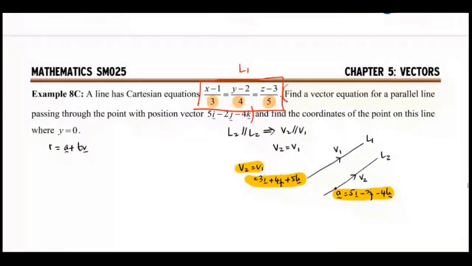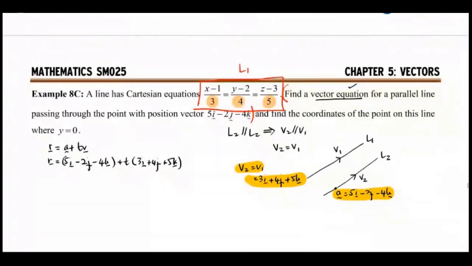So r is 5i minus 2j minus 4k plus t(3i plus 4j plus 5k). Okay, so we have done finding the vector equation.